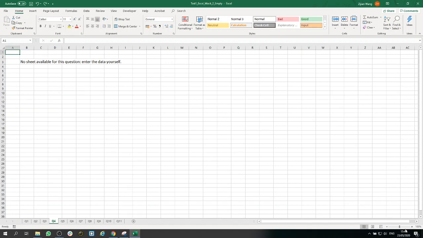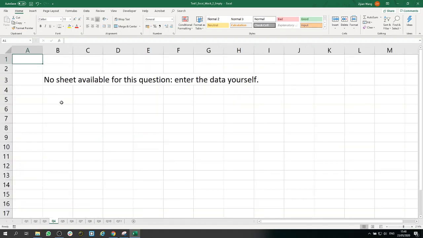Question 4. Again, no sheet available for this one, but on the syllabus we do have a calculation. That is 9 divided by 3 and times 4, then plus 10.